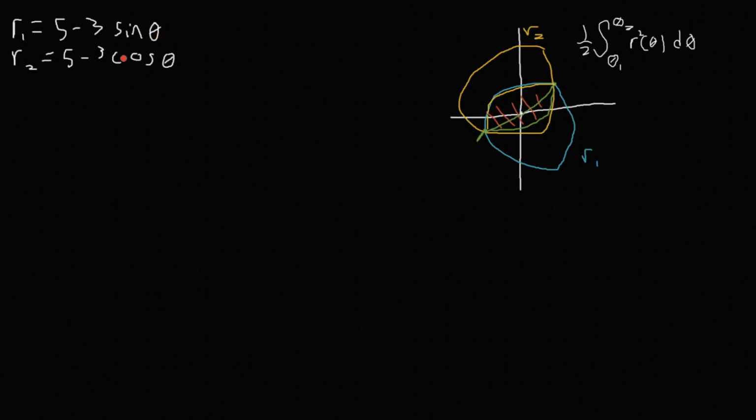So let's set these equal to each other to find these points of intersection. So we have 5 minus 3 sine theta equal to 5 minus 3 cosine theta.